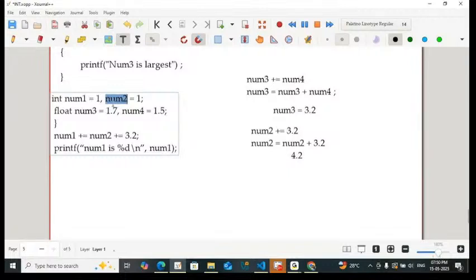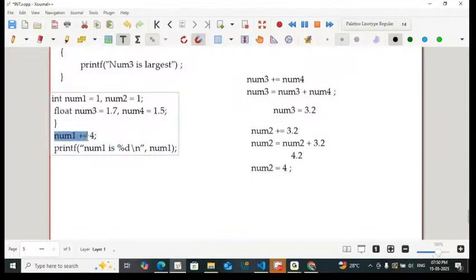So when I write num2 equal to 1, because it is integer, it cannot store 4.2. Num2 only takes 4 here. So this statement gets replaced with 4.